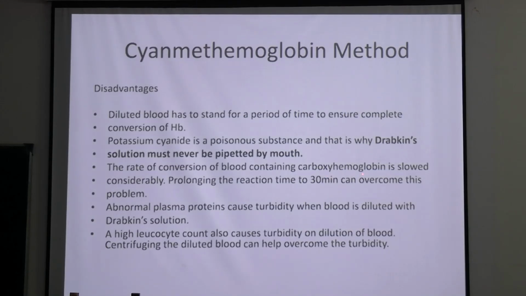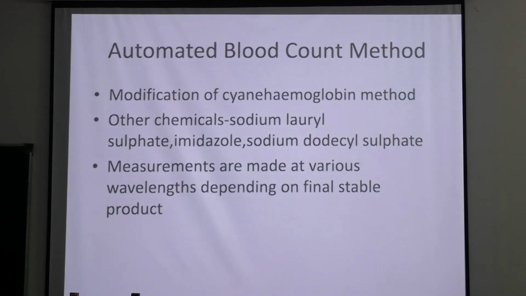If there is carboxyhemoglobin, then the reaction takes prolonged time. If there are plasma proteins which cause increased turbidity, then there will be abnormal prolongation. High leukocyte count, there will be abnormal prolongation, and this will also interfere with the reading of the cyanmethemoglobin method. These are the disadvantages.